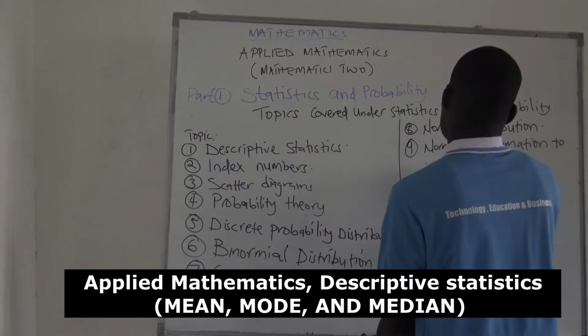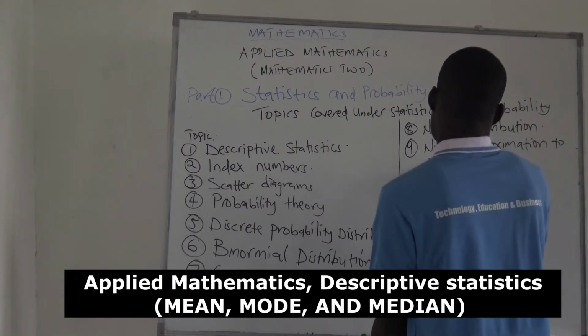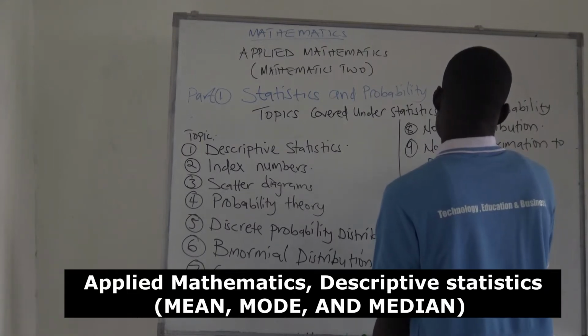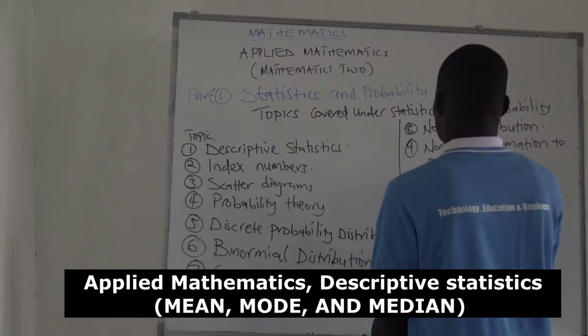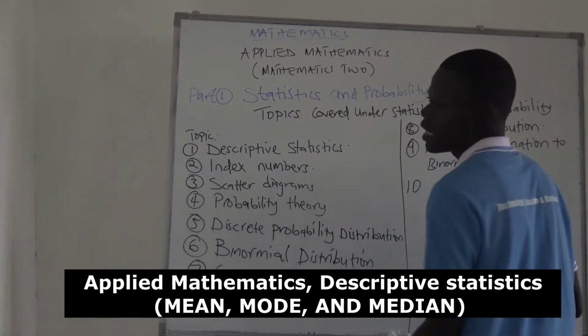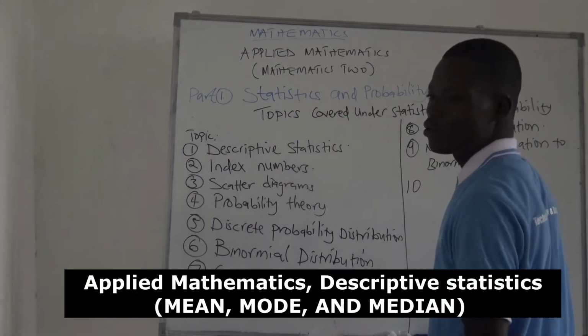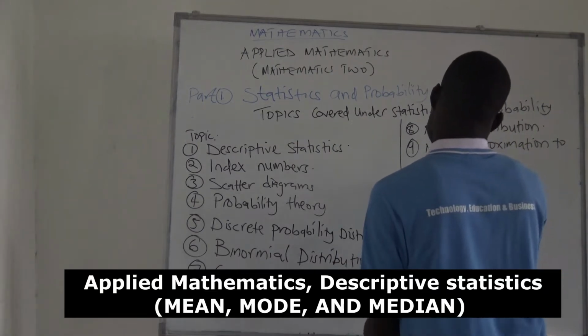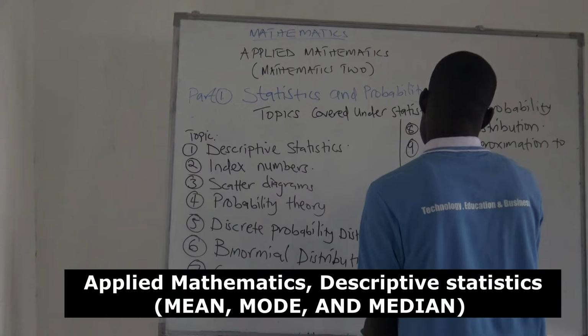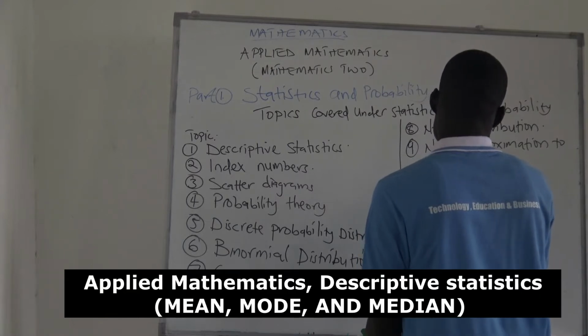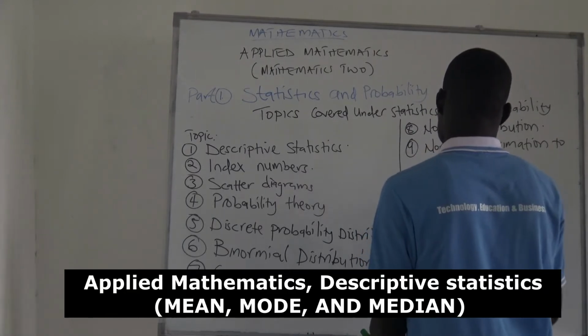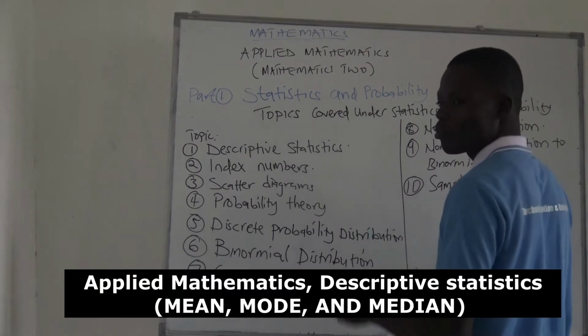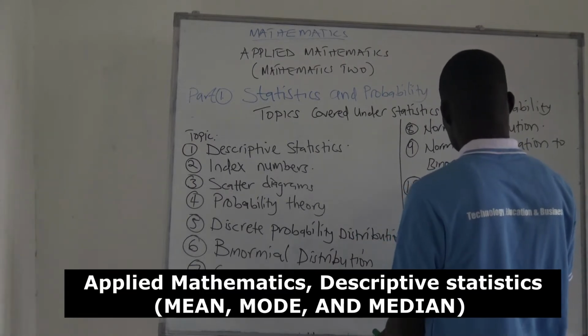Then the last topic under statistics and probability, the 10th, will be sampling distribution.